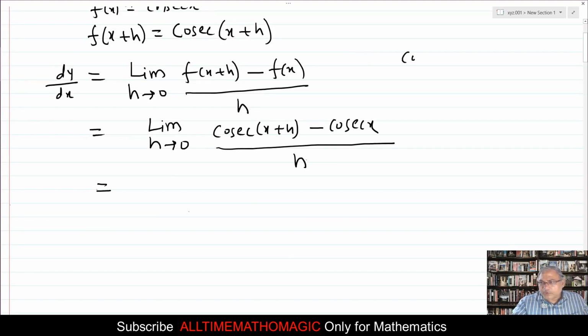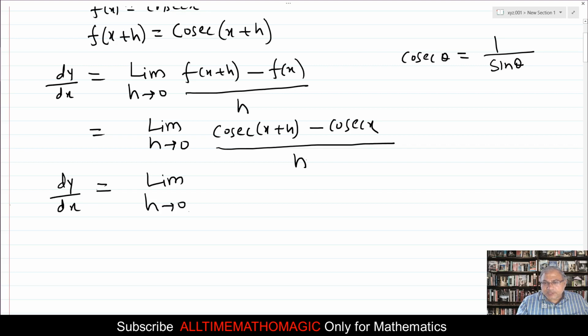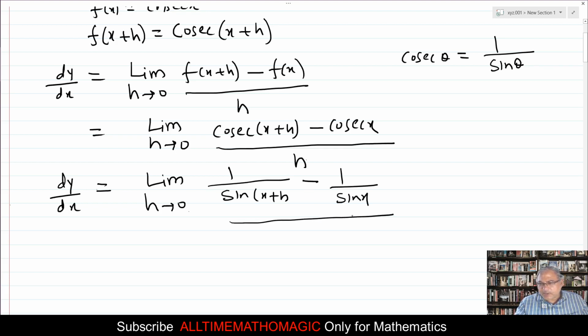Now cosec theta can be written as 1 upon sin theta. Therefore dy by dx equals limit h tending to 0 of 1 upon sin of x plus h minus 1 upon sin x, divided by h.